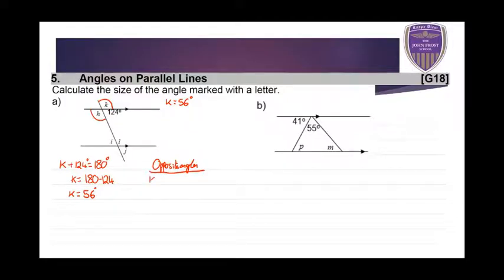So if K equals H, we know that K is 56 degrees. Therefore, H also has to be 56 degrees. So H equals 56 degrees.